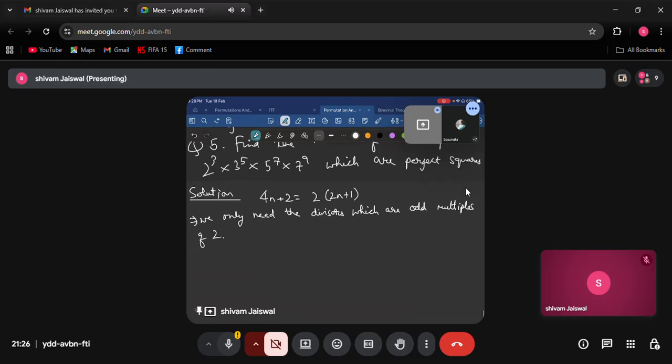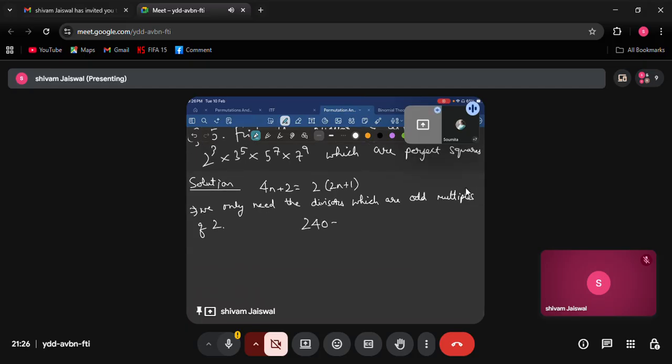So let us first of all factorize it. 240 will be equal to 2 to the power 4 into 5. So we need only the odd multiples of 2. First of all, let us take 2 common. We'll get 2 cube into 5.